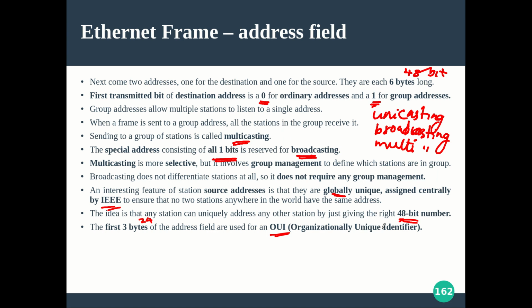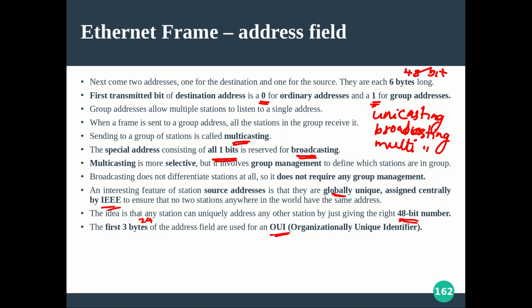That is a unique identifier of the organization who is behind this address. This address is permanently hardwired in the network interface card with which you are communicating with the network. So there will be an NIC, right? Using the network interface card, you are getting a connection to the internet. That concept you know. And in that network interface card, this address is permanently wired as your source address. It is hard coded, not like an IP address which is soft coded.